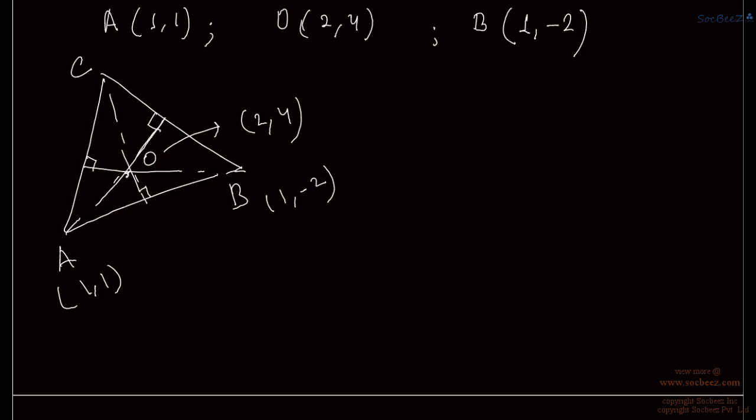These all three are altitudes, so we can find the slope of this altitude. Let us denote them AD, BE and CF.